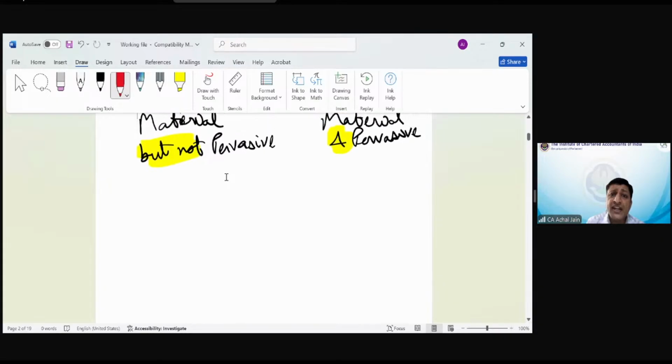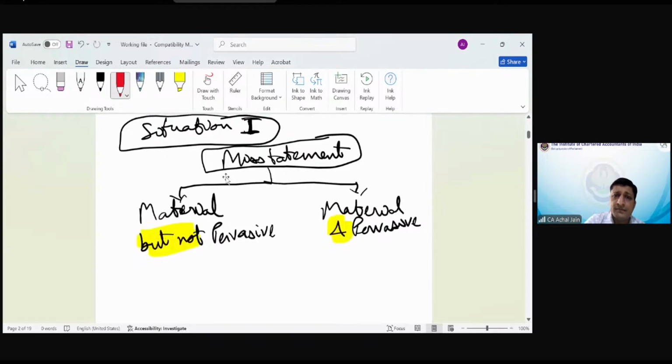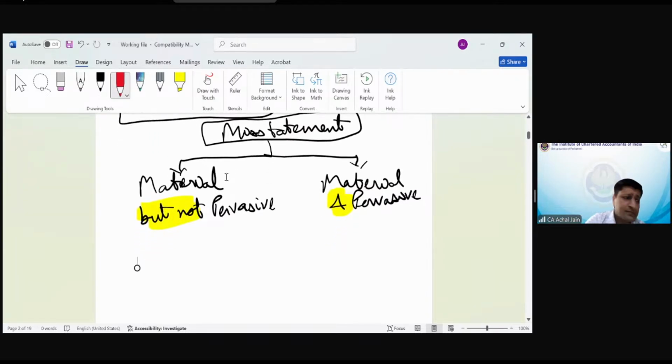So under which category will you go? Material but not pervasive. Okay, so if there is a misstatement which is material but not pervasive, then what type of opinion should the auditor provide?